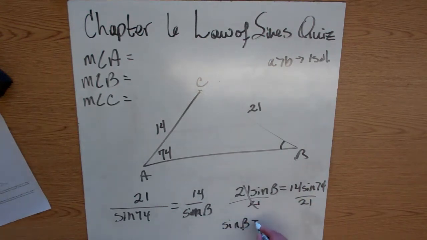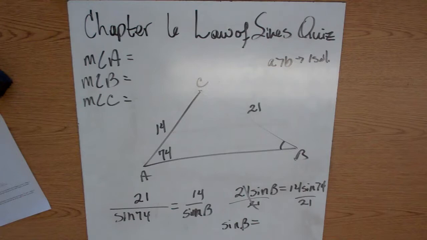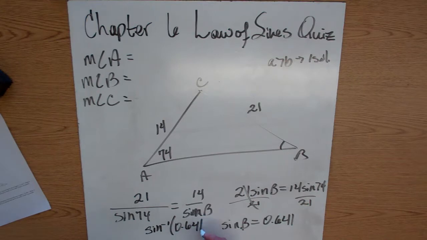The sine of B equals 14 times the sine of 74 divided by 21, which gives you 0.641. Since we're looking for the angle B, we take the inverse sine of that.